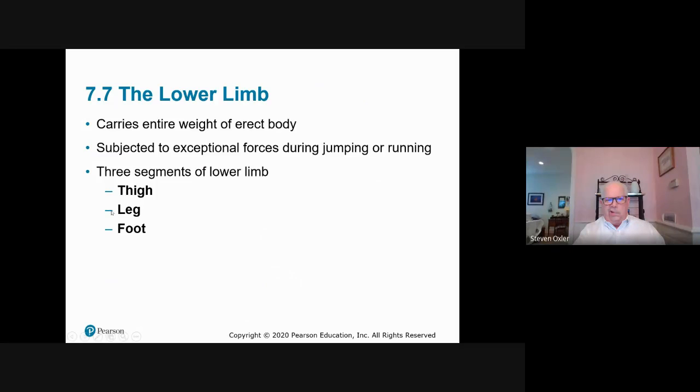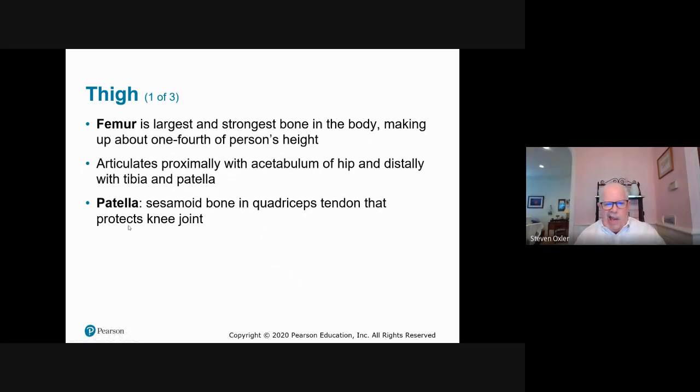The middle portion is the leg, and the lower portion is the foot. The thigh. The femur is the biggest, largest, and strongest bone in the body. It articulates with the acetabulum proximally to make the hip, and distally with the tibia and patella of the knee.